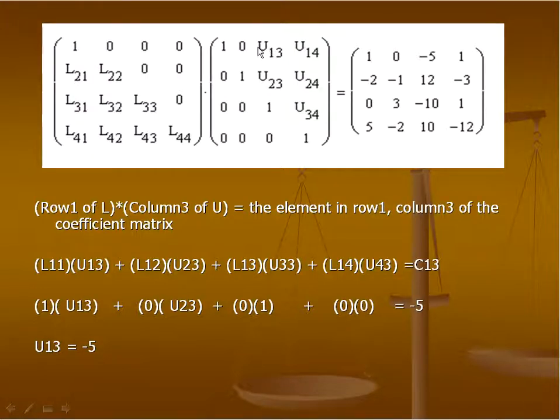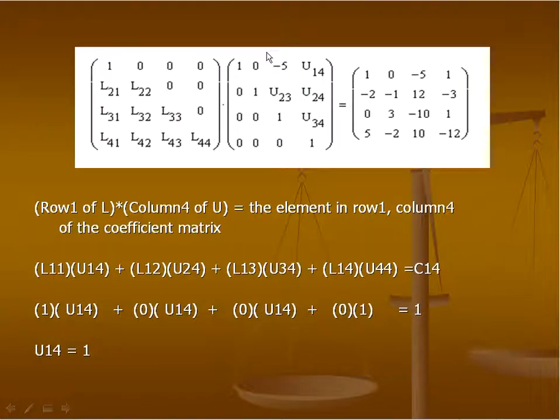So we're going to put negative 5 right in here, replace it, and we have our next equation to work with. The next one will be row 1 times column 4 is equal to the item in row 1, column 4 over here, which is the 1.